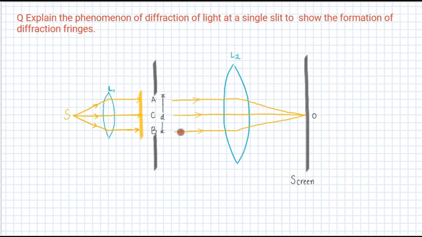If there is no path difference between the light waves, that means there is no phase difference. If there is no phase difference, then at the screen the two waves will interfere constructively to produce a maxima. You will produce a bright fringe at your point O, and this bright fringe will be known as your central maxima.